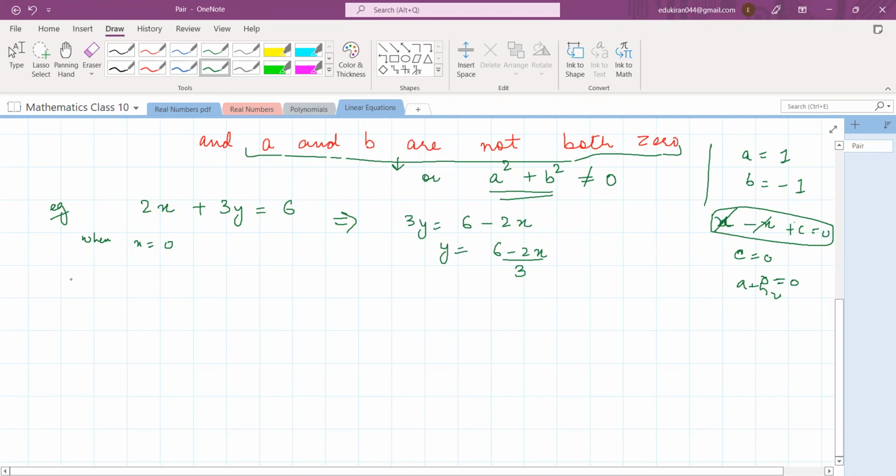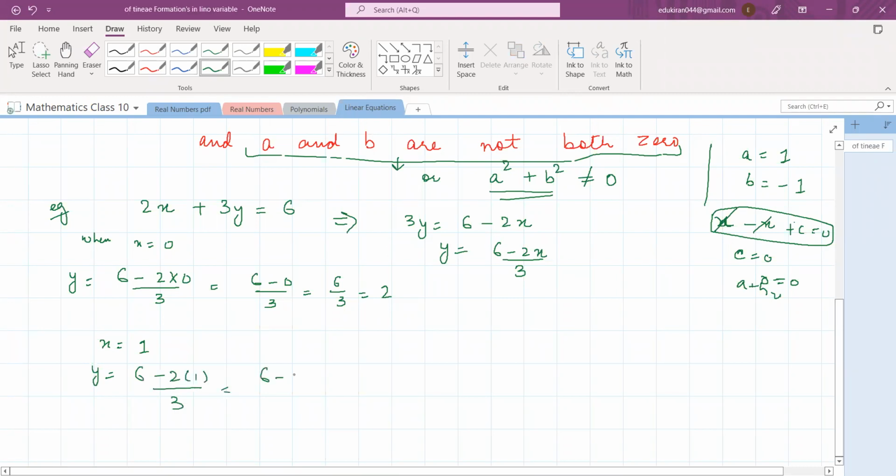So when x is equal to 0, how much is my y? So 6 minus 2 into 0 divided by 3. This will become 6 minus 0 divided by 3. So this is 6 by 3, which is equal to 2, right? Okay, one value I can take. Another, if I take x is equal to 1, let's say, my y will become 6 minus 2 into 1 divided by 3.